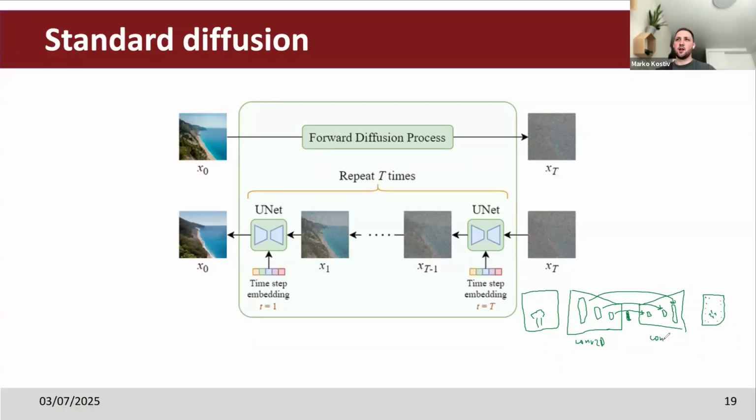Transpose convolution was giving you the ability not to shrink the image into a lower dimension, but actually to upsample it back to the higher dimension. And later on, this was replaced with linear upsampling, etc. But that was the first idea of UNet.